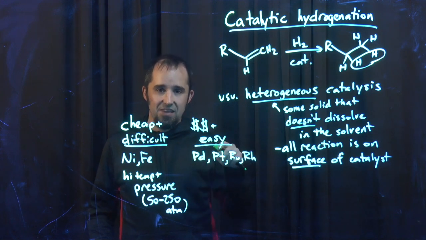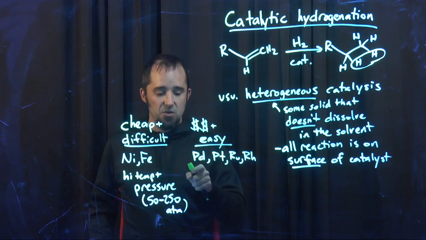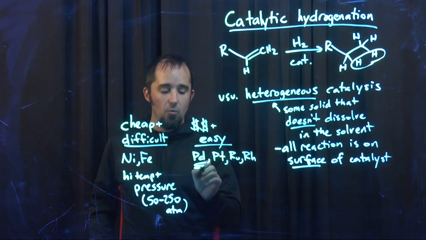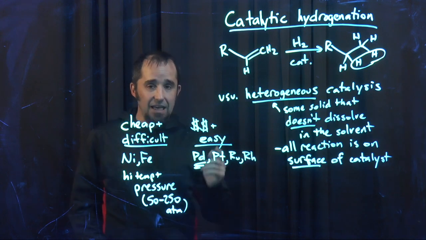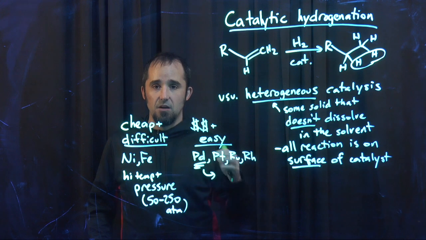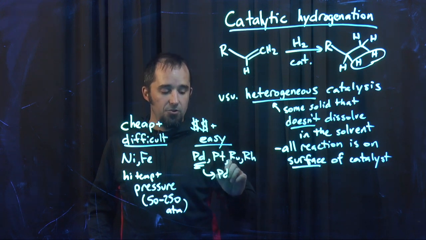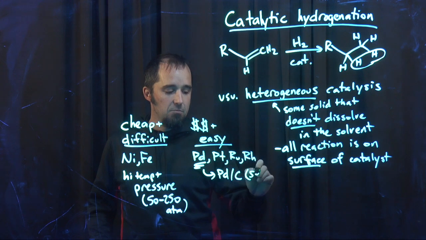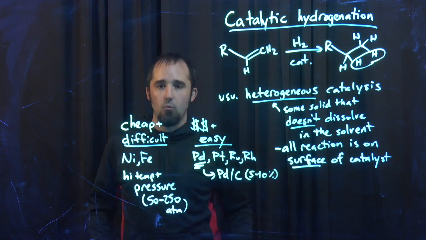As I mentioned, the expensive part of the periodic table is your palladium, platinum, ruthenium, rhodium. We're going to almost always use palladium. And even then, like I said before, we're going to coat something with palladium. So we'll draw it like palladium on carbon, which is just carbon dust that is coated with palladium, maybe 5 to 10% by weight, right?